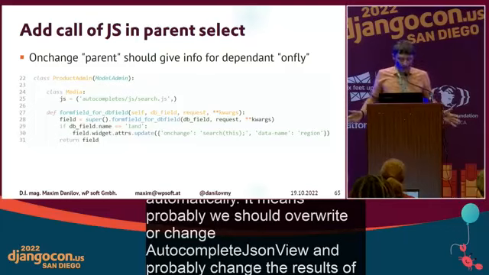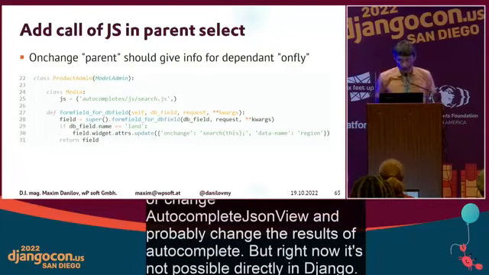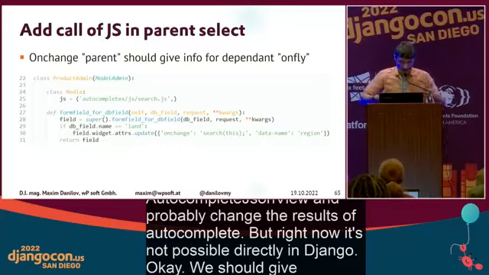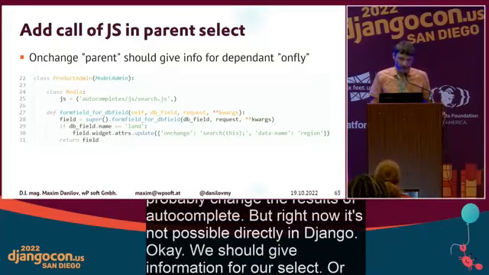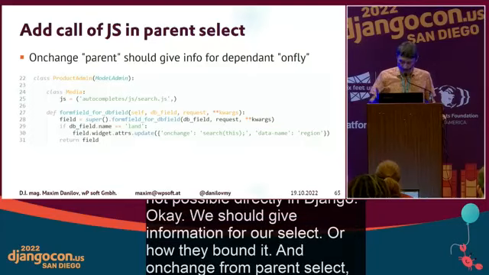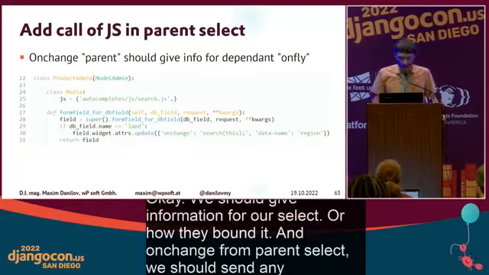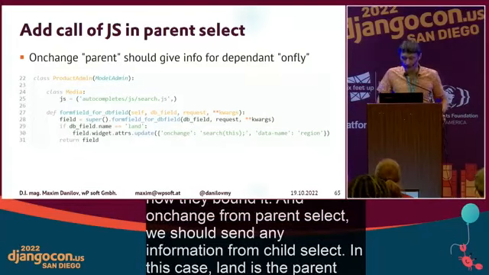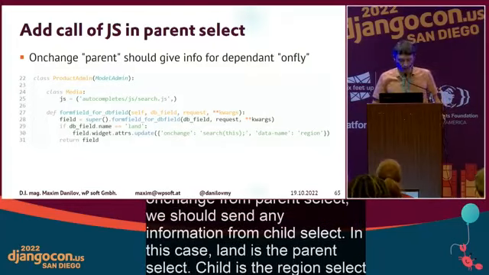Okay. Also, we should give information to our selects on how they are bound, and on change from the parent select, we should send information to the child select. In this case, land is the parent select, region is the child select, and on change I start the function search.